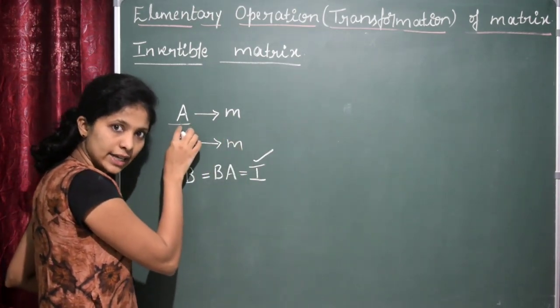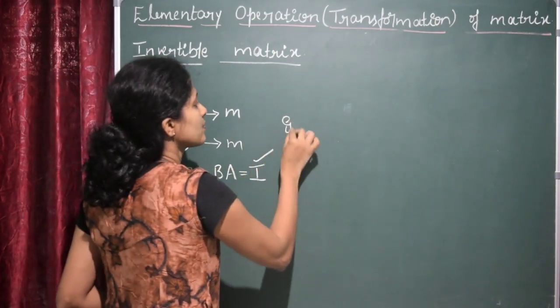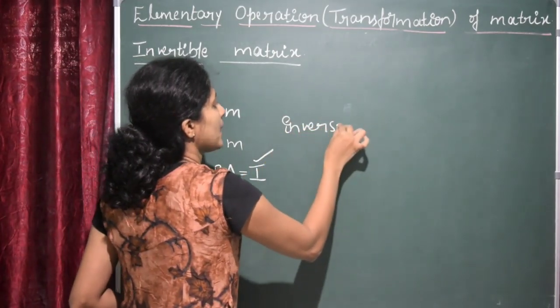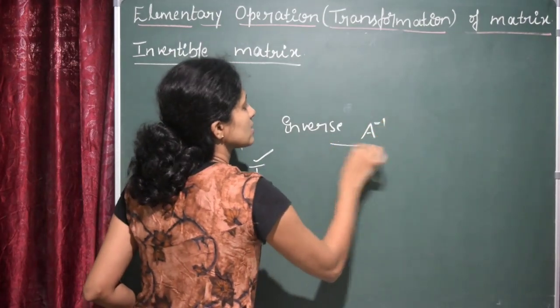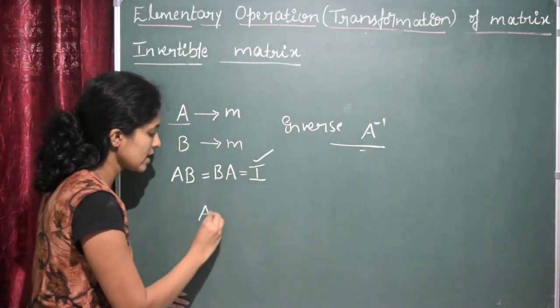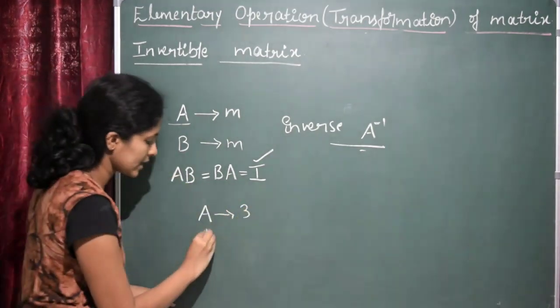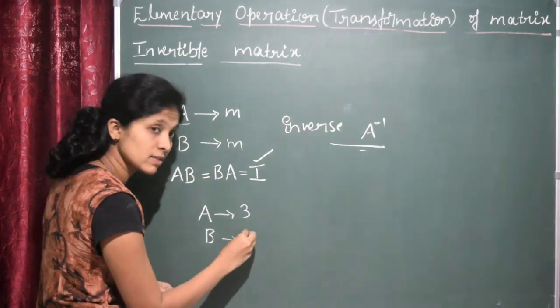Then A is invertible. The inverse of A is B, and the inverse is represented by A inverse. You know this, A inverse. Is it clear? If I consider A is a square matrix of order 3, there should exist another matrix B of order 3.